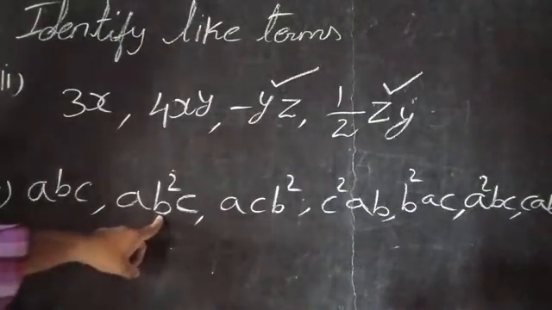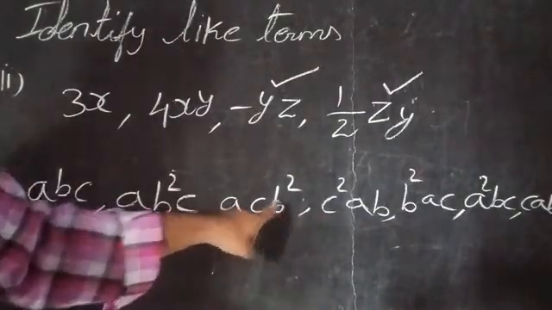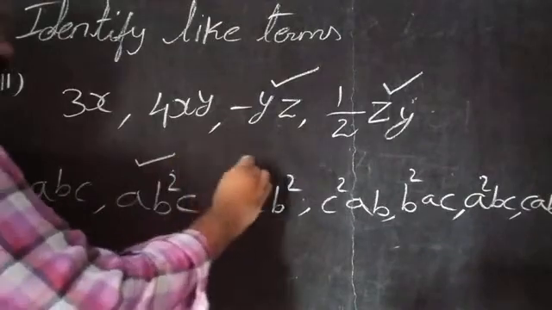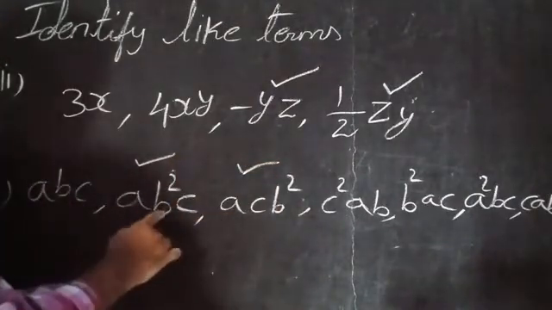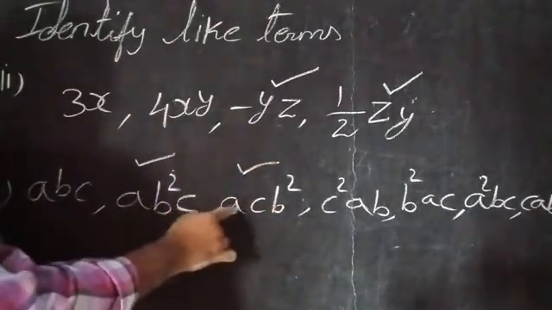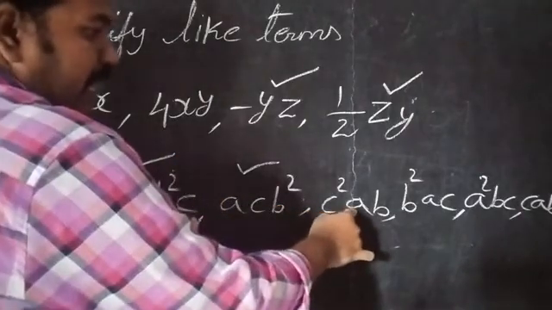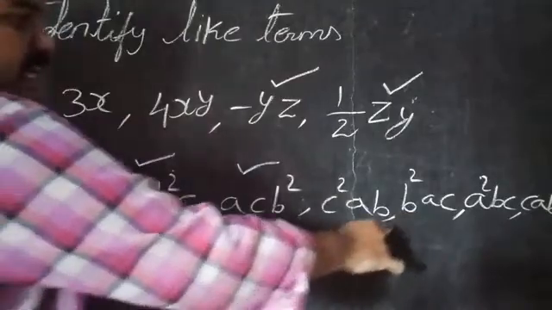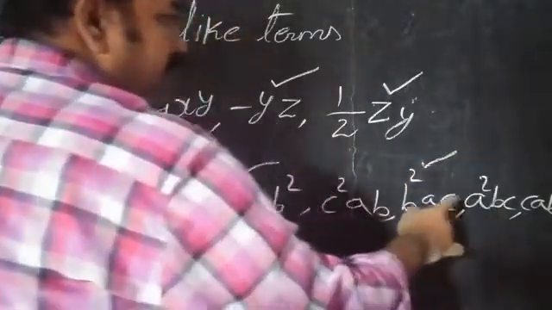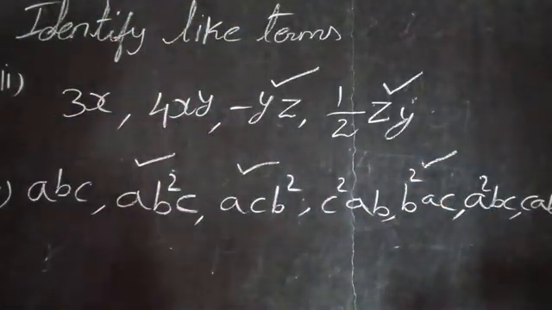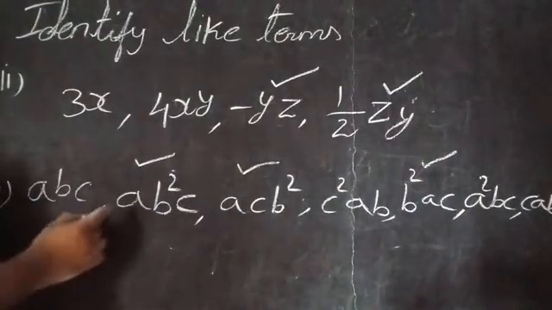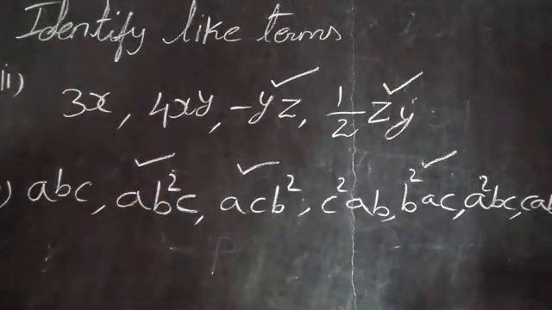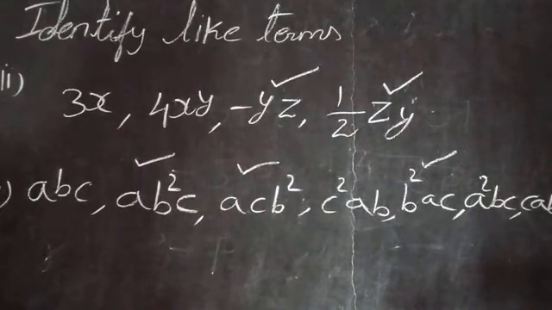A B square C, A B square C. These two are the same. A C square B, A B square C, A square B square C. So these tick marks are like terms. Like that we have to separate the like terms.